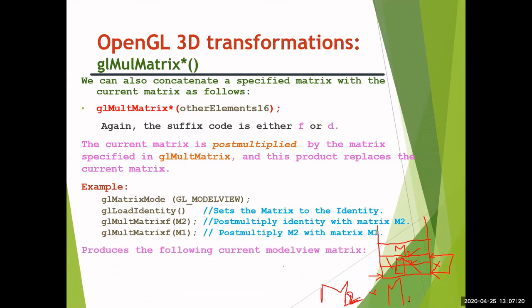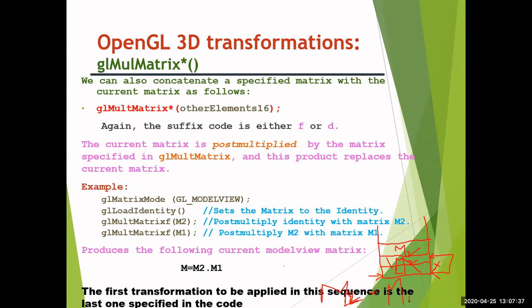This produces the model view matrix M equal to M2 into M1. Because we already know load identity gives M2 only, I don't have to explicitly show load identity into M2 into M1. So I hope you have understood this.